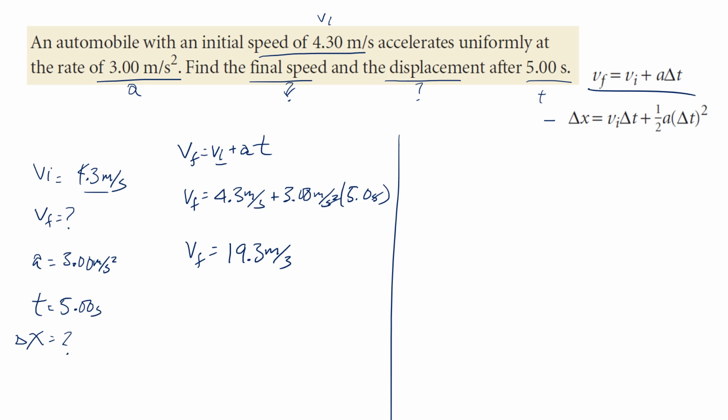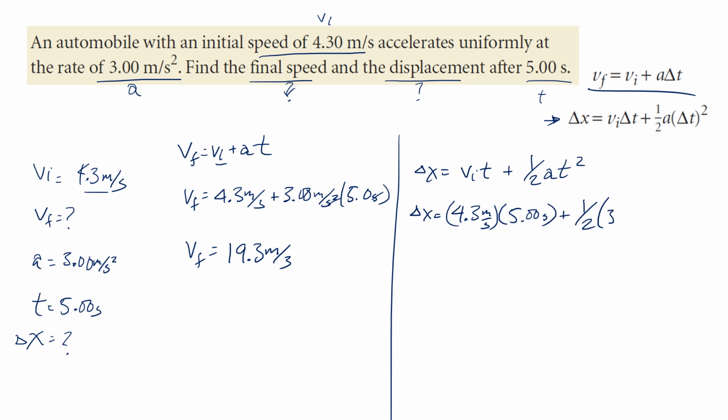Let's do part two. Part two, I'm going to use our displacement equation. Delta x is equal to v initial, the initial velocity, times time, plus 1/2 a t squared. So our displacement is equal to our initial velocity, which is 4.3 meters a second, times the time, which is 5.00 seconds, plus 1/2 times a.